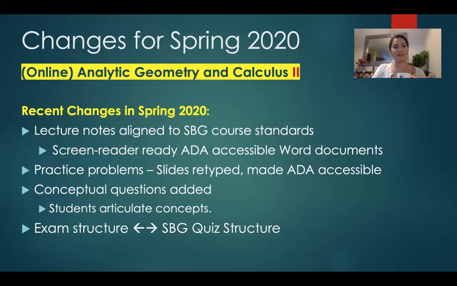And then I had recently changed my Calculus 2 exam structure to be very similar to the SBG quiz structure, except in the standards-based grading courses, they would have 3 quizzes that corresponded to the material on 1 exam in the online course. So basically, I was giving my students in the online course the same types of assessments that I was giving in my standards-based grading course.